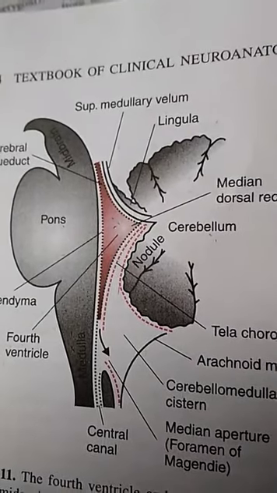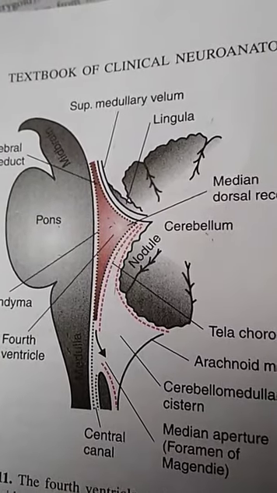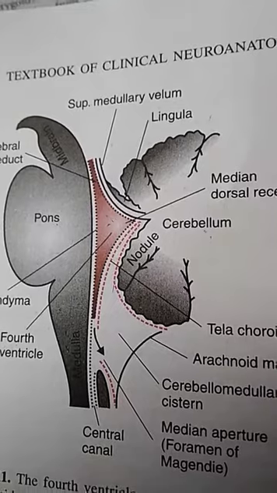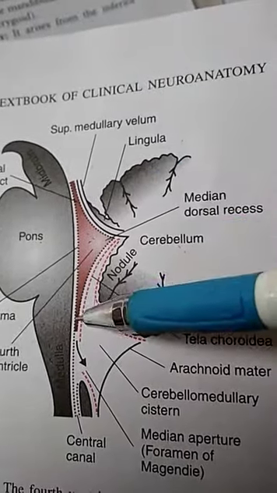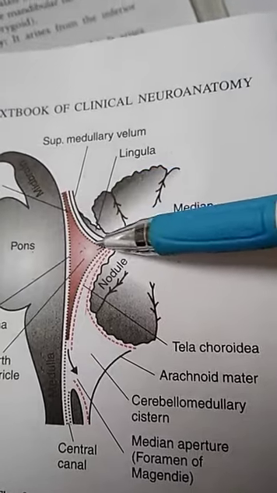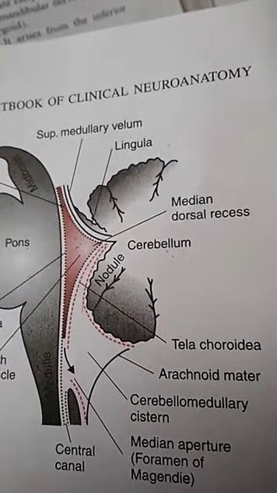Let us now discuss the tela choroidea and choroid plexus of the fourth ventricle. In this diagram, here is the floor of the fourth ventricle and this one is the roof of the fourth ventricle.